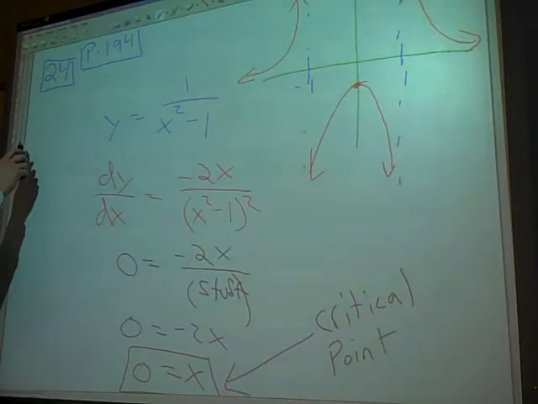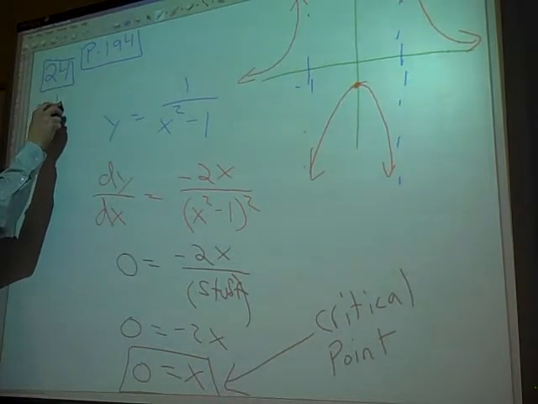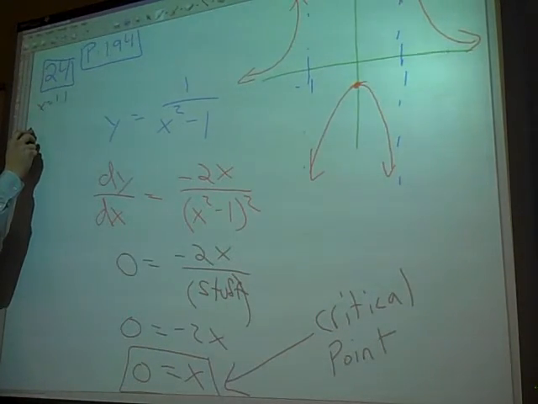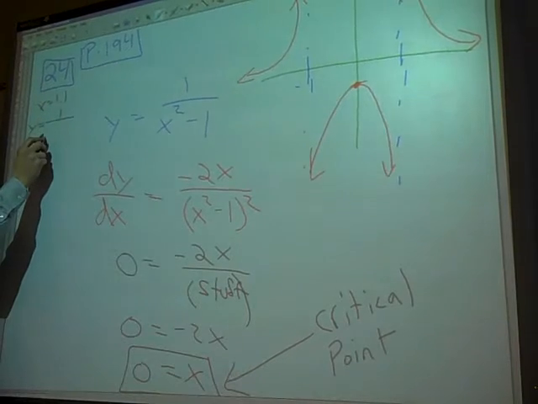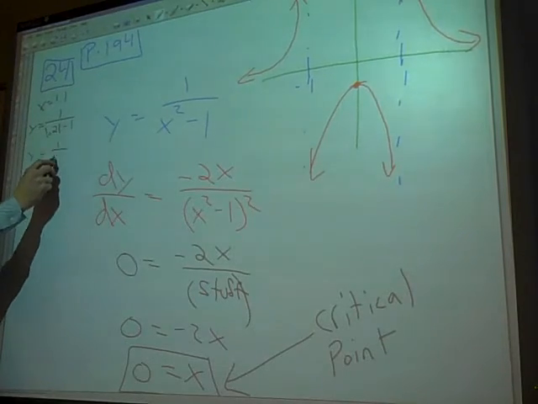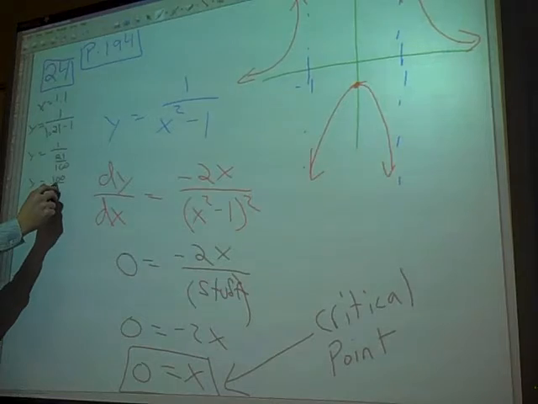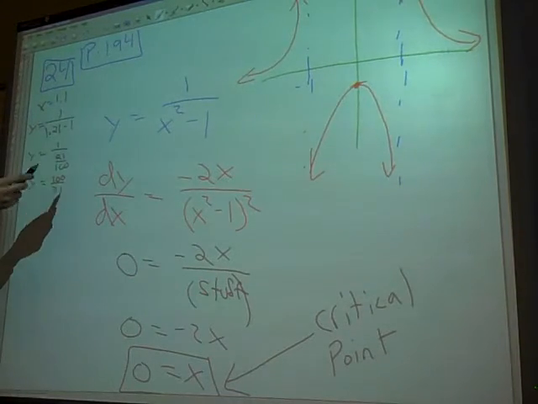For example, when x equals 1.1, we've got y equals 1 over 1.21 minus 1, which is 1 over 21/100. So y equals 100 over 21, which is like 5.